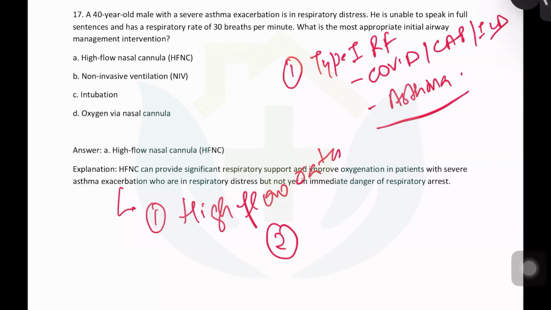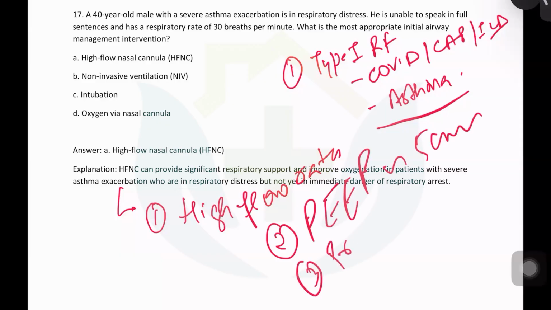The flow is so much, 60 liters per minute. If some air is blowing on somebody's face, how are they going to blow out? So it gives some sort of pressure, some sort of PEEP, around 5 centimeters of PEEP is given. And you can use precise FiO2 control also. So these are some advantages.